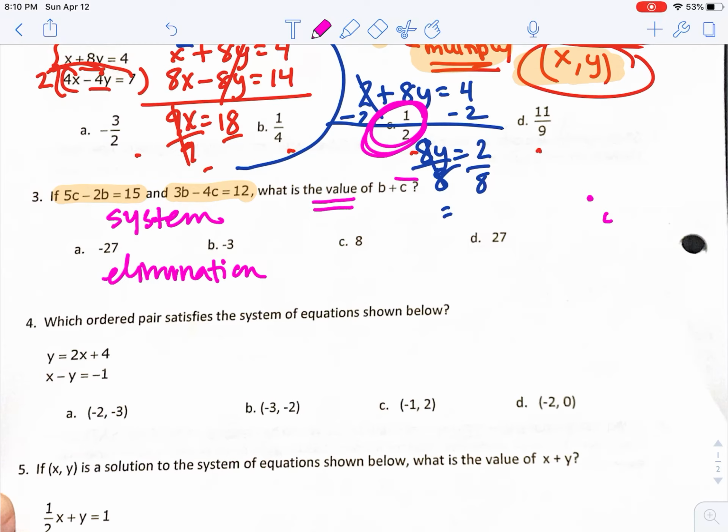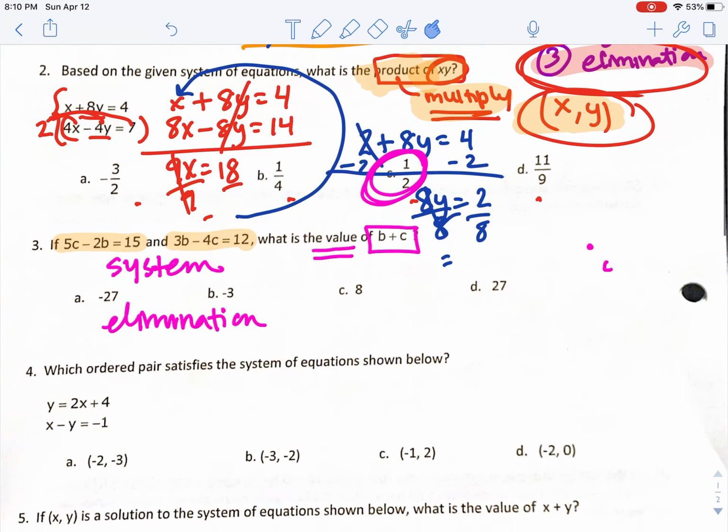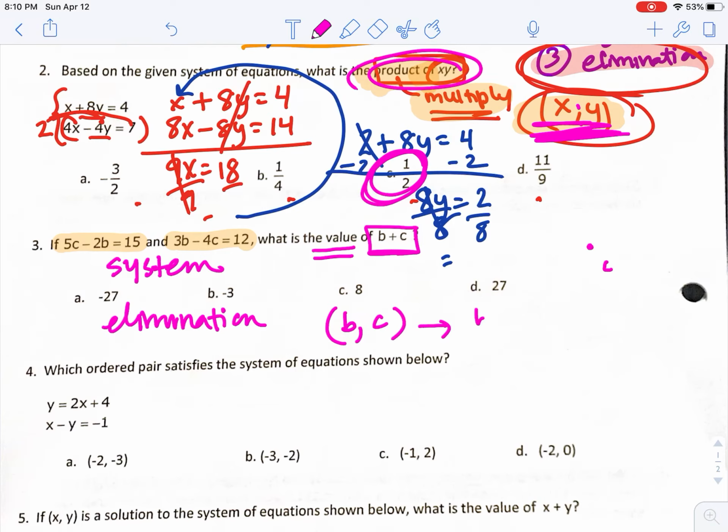What's the value of b plus c? So just like the last one asked us to multiply, x times y, it asked for the product. This one's now asking you to add them together. So once you find your b and your c for your ordered pair, then you're going to take those two numbers and add them together. And then whatever you get there, that'll be your final answer. Okay? I want you to try that one.